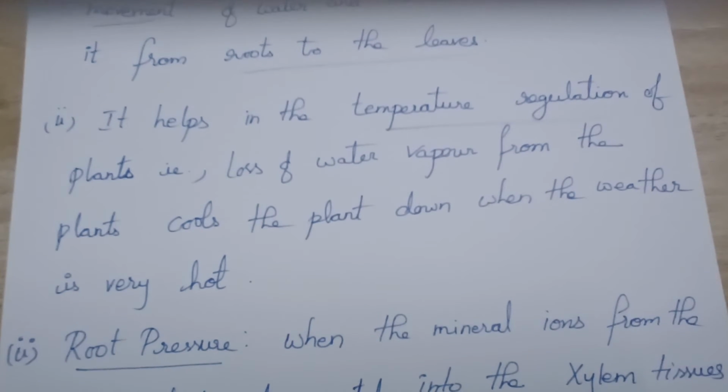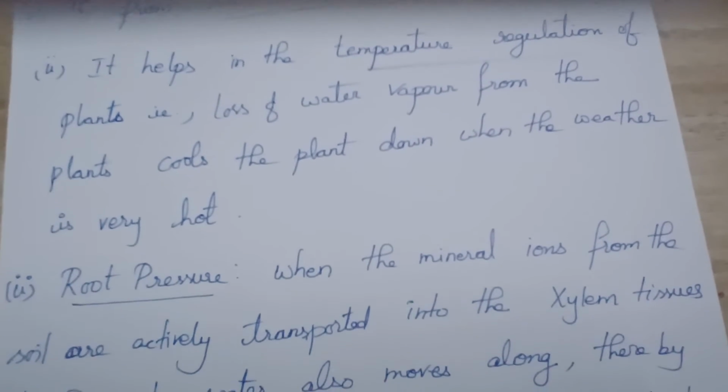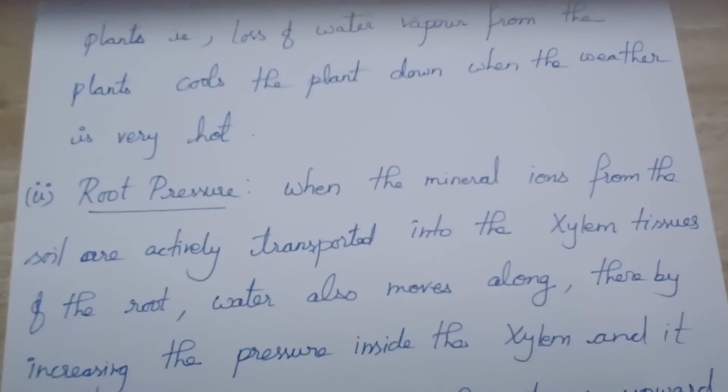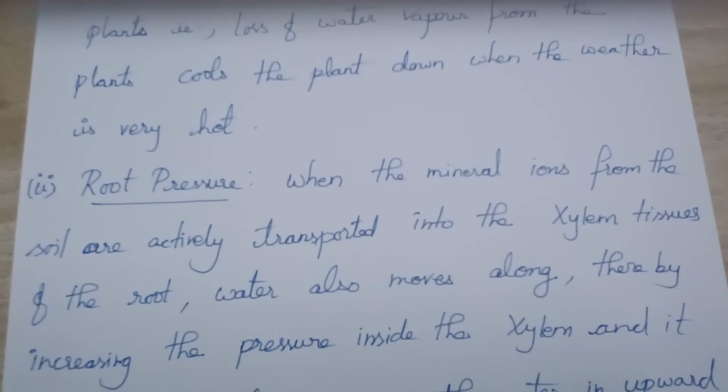For example, 80% is carried out by transpiration and 20% of the movement of water is carried out by root pressure. During night time there will not be much loss of water, so there will not be much transportation. So the root pressure will take care during the night time. What does root pressure mean? I'll explain and then I'll come to this part.